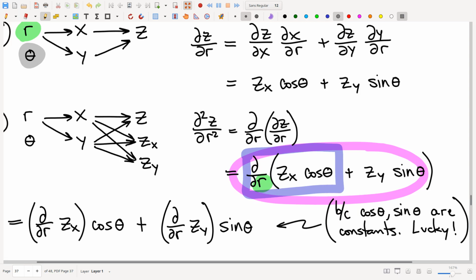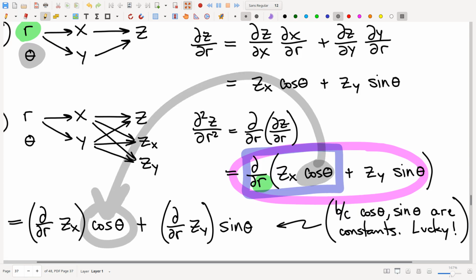And if theta is a constant, then cosine theta is also a constant, and constants will just pop right outside of the derivative. Is that cool? Everybody all right?